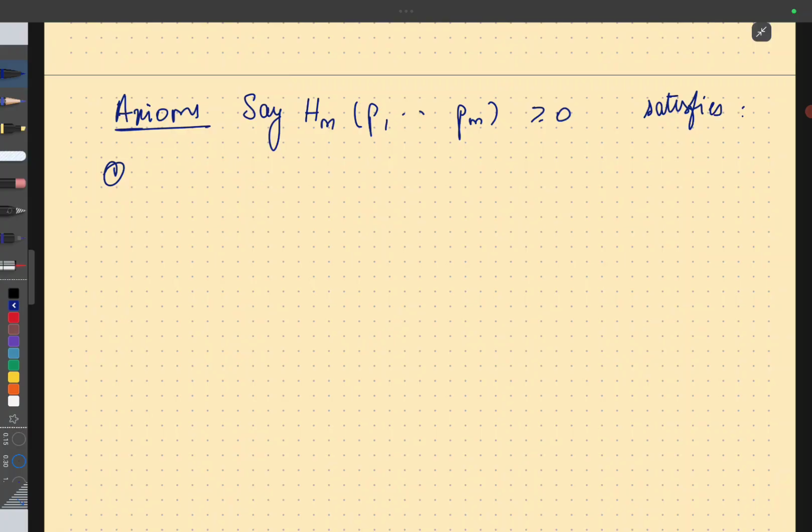So the first property is that it should be permutation invariant. In other words, if you change the order of the p_i's, then the value of H_m should be the same.